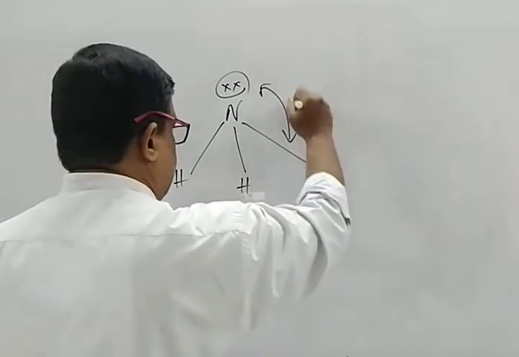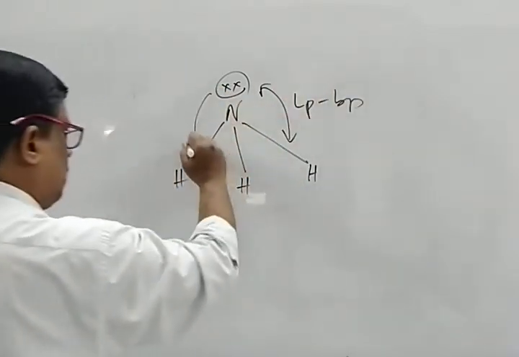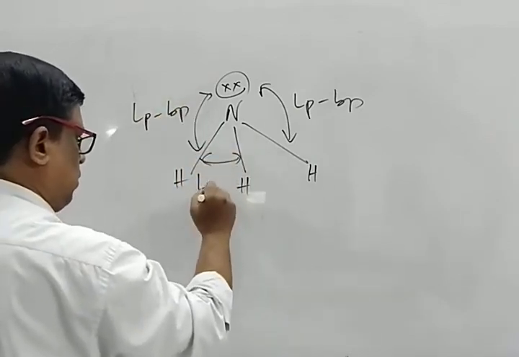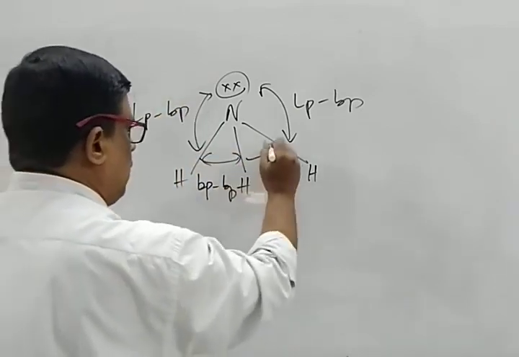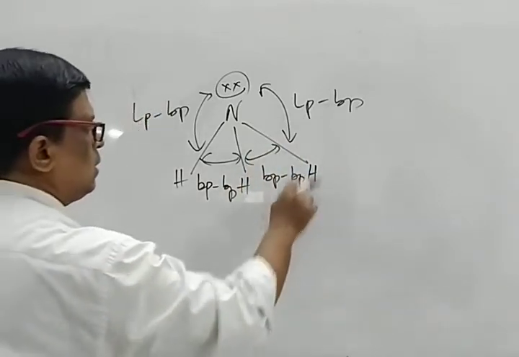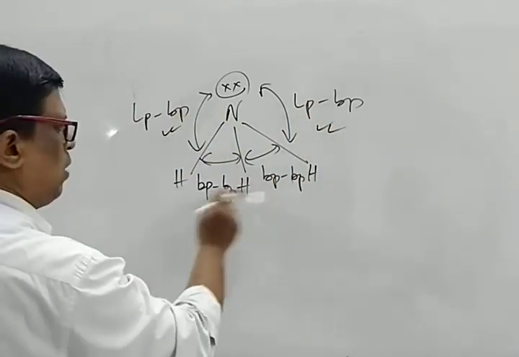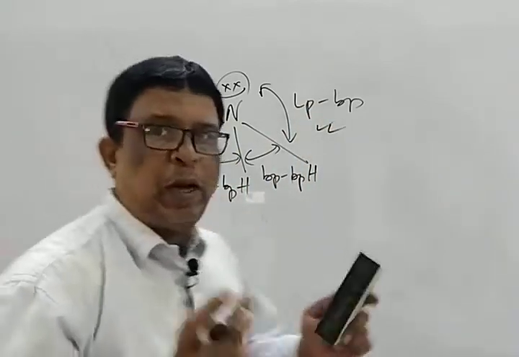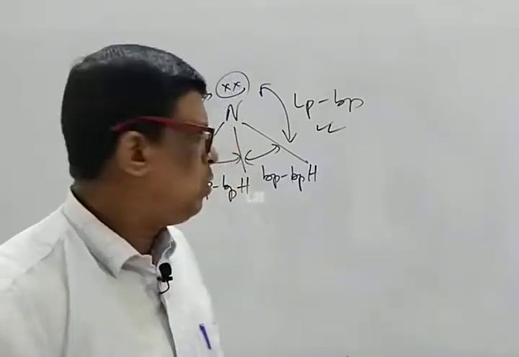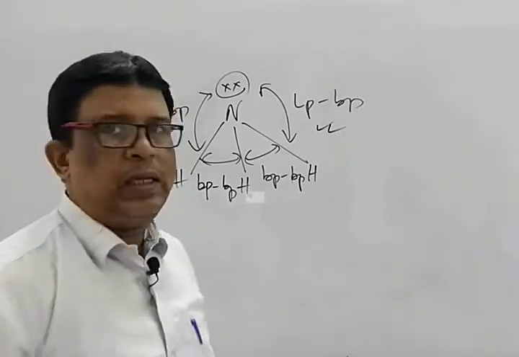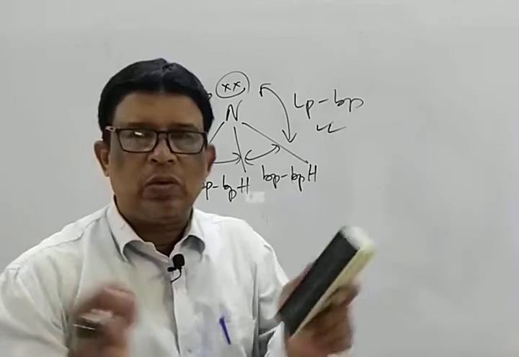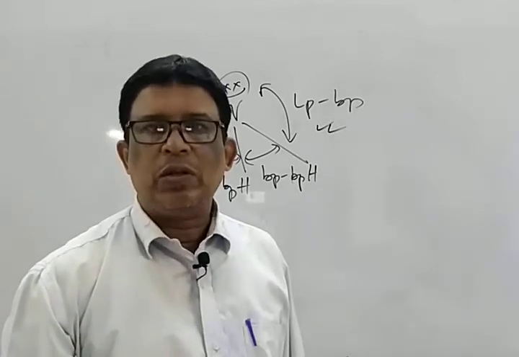This is a lone pair, this is a bond pair, and these are bond pairs. As the lone pair repulsion is higher in comparison to the bond pair repulsion, the expected bond angle gradually decreases and squeezes. Actually the bond angle is 109 degrees 28 minutes, but due to this repulsion it squeezes to 107 degrees.